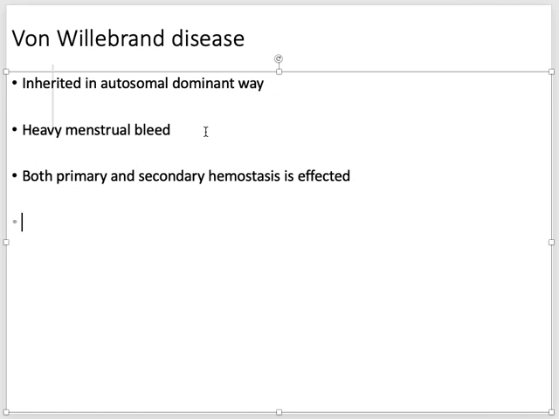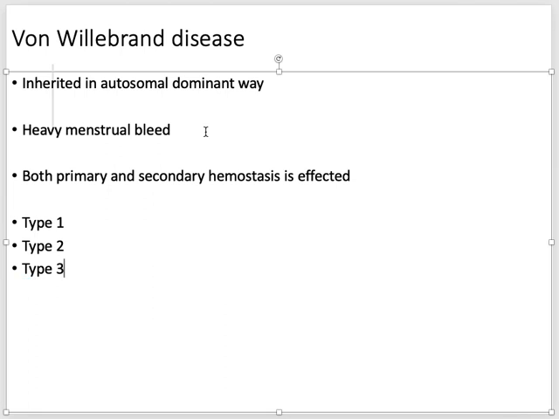These large multimers are the most active in initiating platelet adhesion and aggregation. Many people have mild disease, and many people have severe disease. Basically there are three types: type 1, type 2, and type 3 von Willebrand disease.